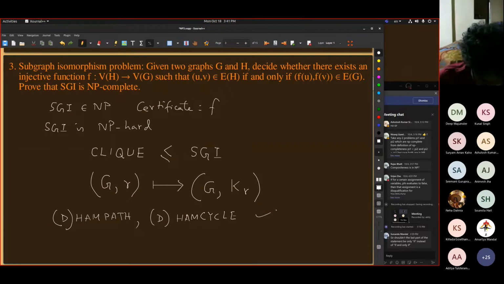Okay, so these are also fine. Okay, good. So subgraph isomorphism turns out to be a difficult problem, apparently under the assumption that P is not equal to NP, whereas graph isomorphism is not.